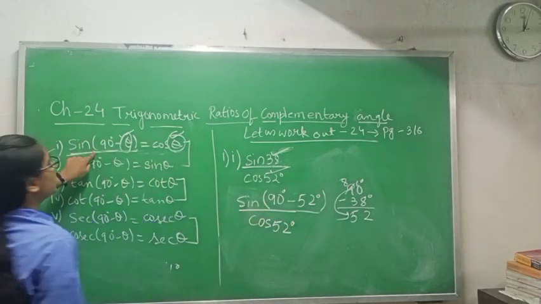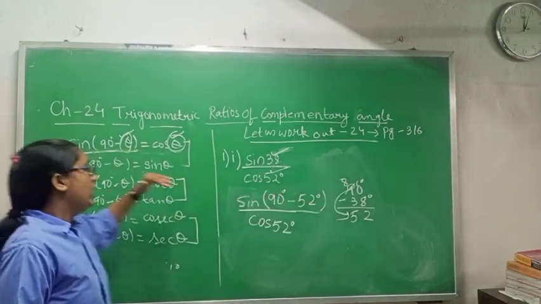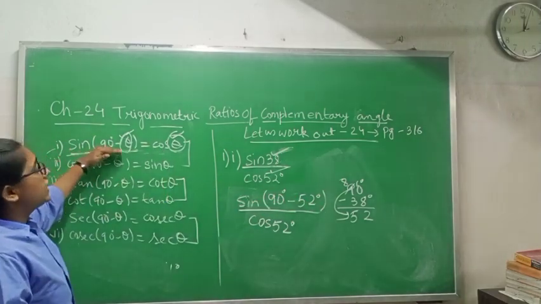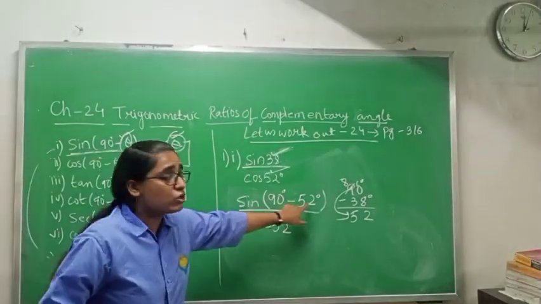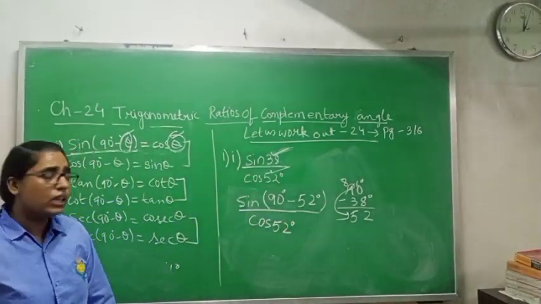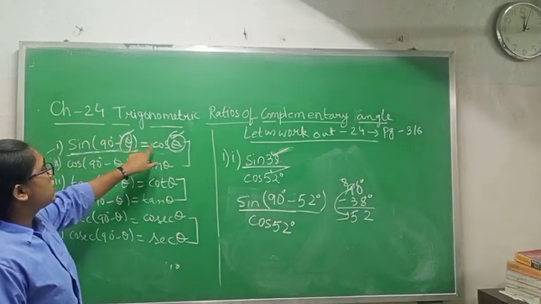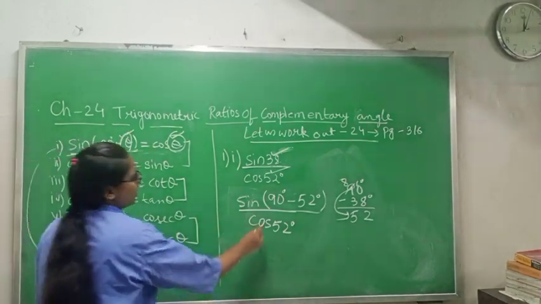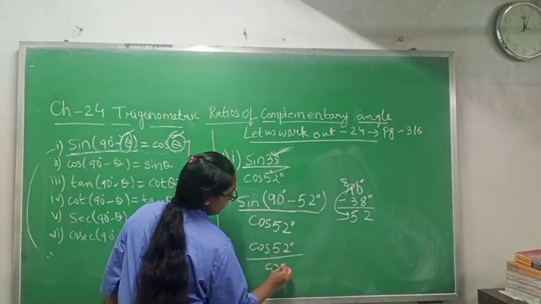Now see this one and the first formula. It is written sin 90 degree minus 52 degree. Here also sin 90 degree minus theta. Now in place of theta in this question we have 52 degree. So if sin 90 degree minus theta is cos theta, what can we write? Cos 52 degree.